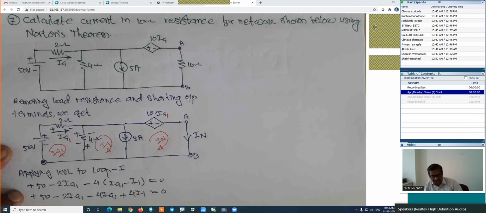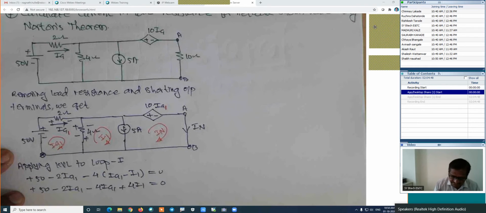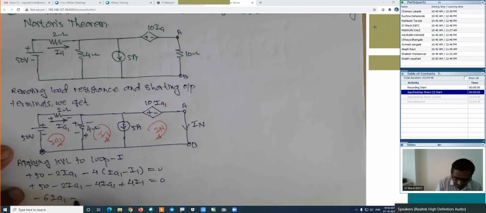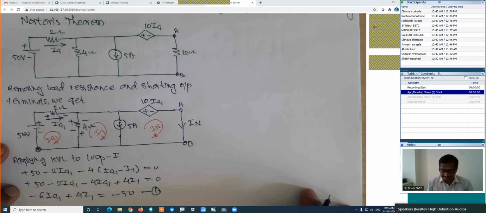If we are simplifying this equation further, here this is IA1 and this is IA1, 4 plus 2, that is 6, so it is minus 6 IA1, then plus 4 I1, which is equal to minus 50, and this is equation number 1. This is equation 1 for this first loop.